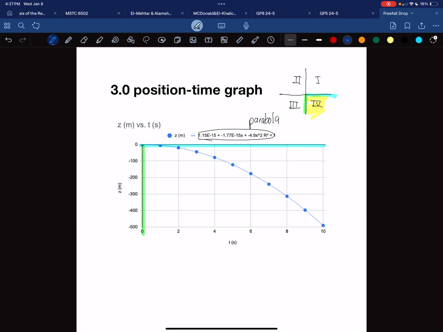But if we were to look at the projection of the points to the vertical axis, so if we project this point backwards and make a point right there, and project this point onto the axis, and this one onto the axis, and this one onto the axis, and this one, and this one.